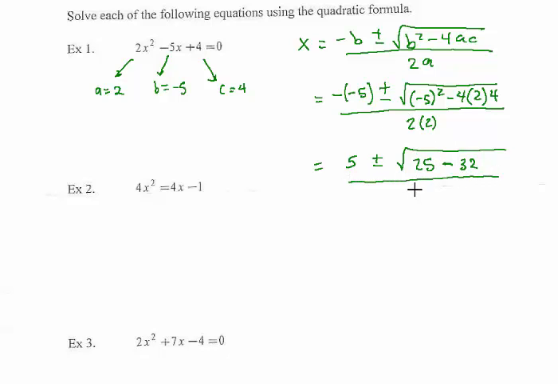And on the bottom we have a 2 times 2, which is 4. 25 minus 32 inside the radical is, let's see, a minus 7. And we still have a 4 on the bottom.